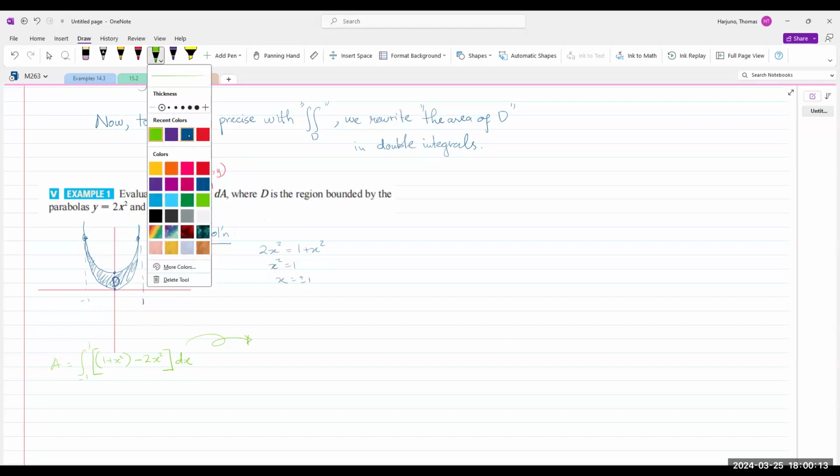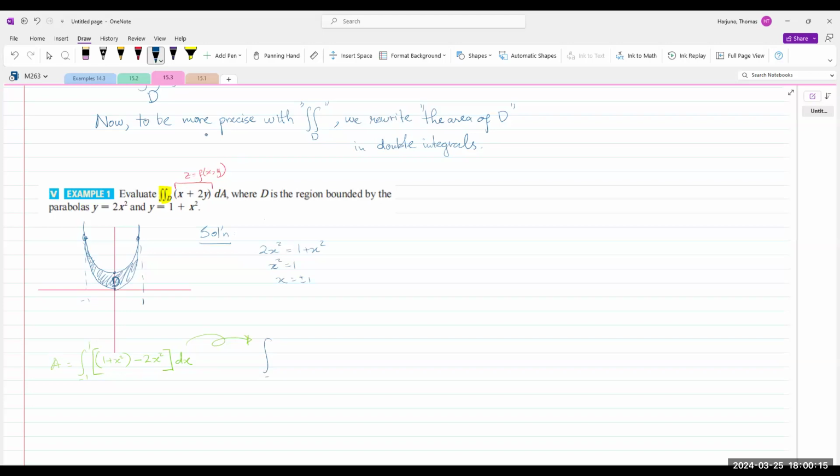Now rewrite this as a double integral. As a double integral, it becomes the integral from -1 to 1 dx, integral from 2x squared to 1 plus x squared dy. If I put 1 here, that will give us the prism with height 1, the volume of the prism with height 1.